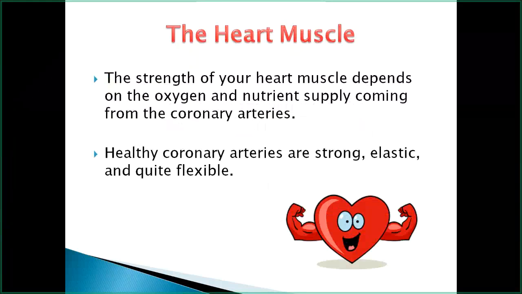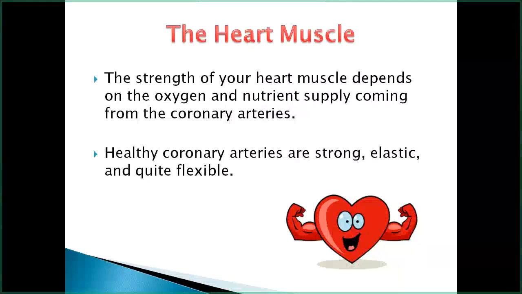Now, the strength of your heart muscle depends on the oxygen and nutrients it's receiving from the coronary arteries, okay? So not only is the heart supplying blood, oxygen, and nutrients to your body, it's also supplying blood, oxygen, and nutrients to itself through the coronary arteries, okay? So the coronary arteries are like the fuel lines for the heart muscle.